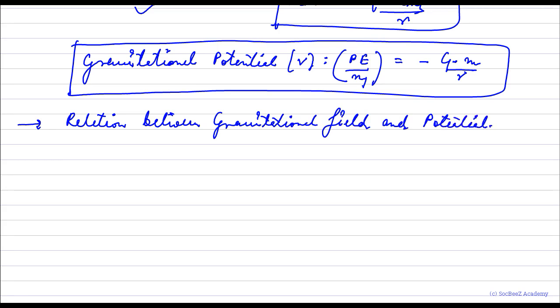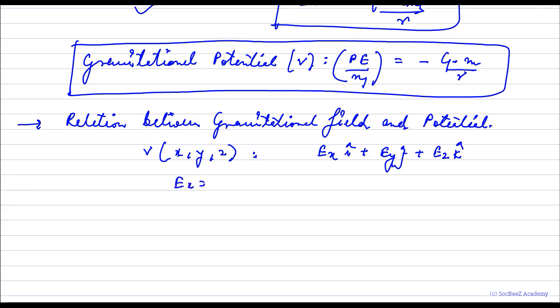So let's say my potential is of the form V(x, y, z), and my gravitational field is of the form Ex i cap plus Ey j cap plus Ez k cap. So Ex is going to be equal to the partial derivative of V(x, y, z) with respect to x.